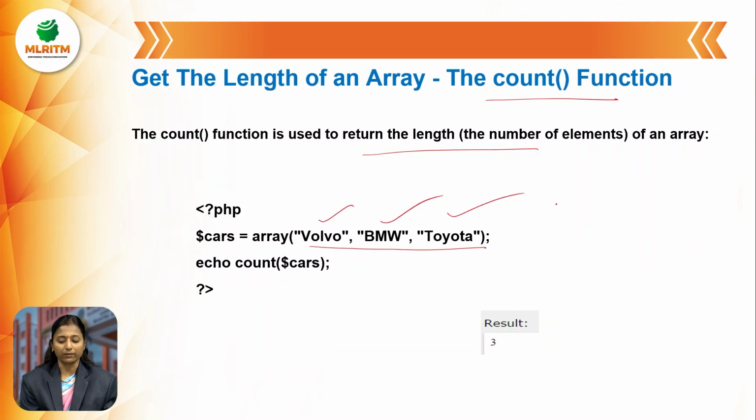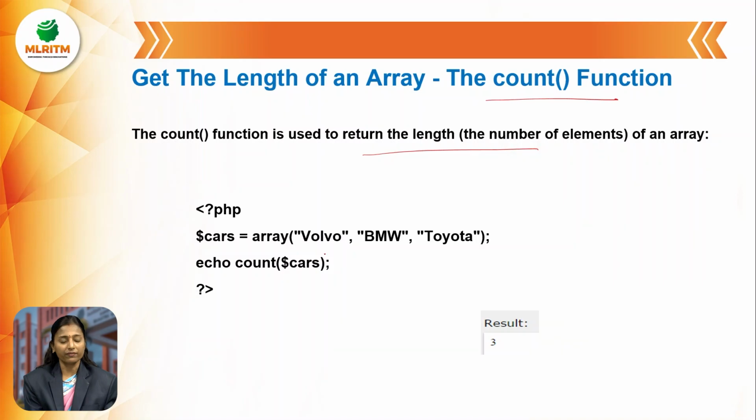Volvo, BMW and Toyota. Means here the count will be 3. Okay, if I have given another car name, that is Maruti, then what is the output here? Echo count, the value will be 4. The result will be 4. In this format, the counting of values can be considered. This is called the length of an array by using the count function.